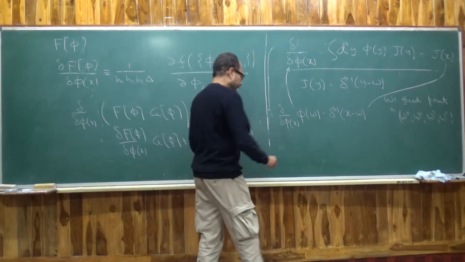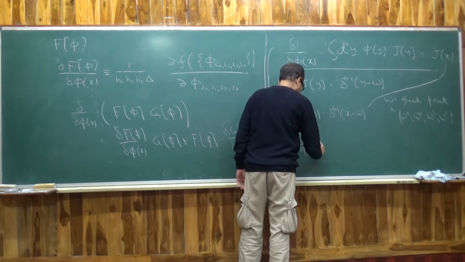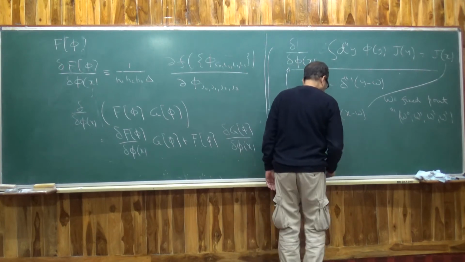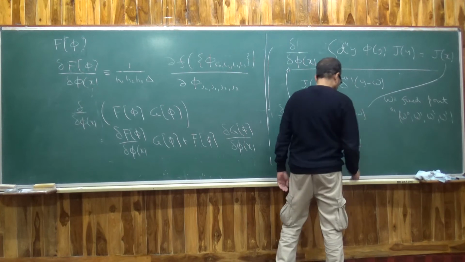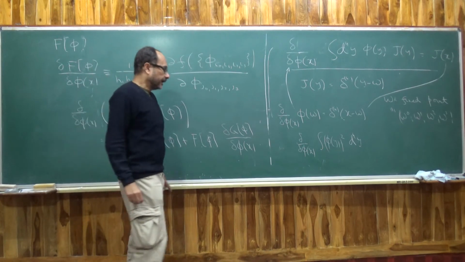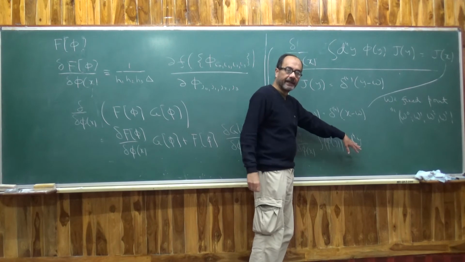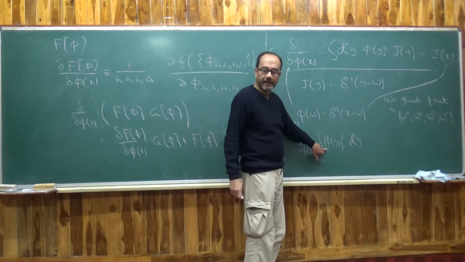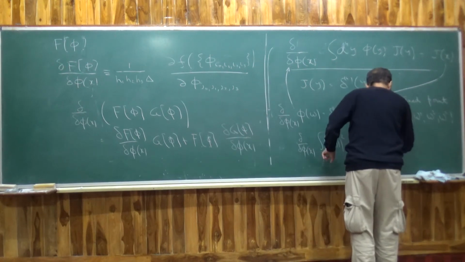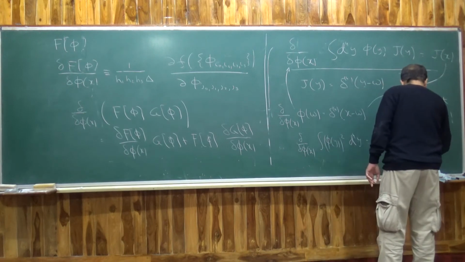Okay, just to learn the tricks, let's evaluate something like this: delta over delta phi of x of the integral d4y phi of y squared. You can use the chain rule. Of course, this is an integral over y, that's like a sum over an index, so delta over delta phi you can take inside. So this is the integral d4y delta over delta phi of x of phi of y phi of y.